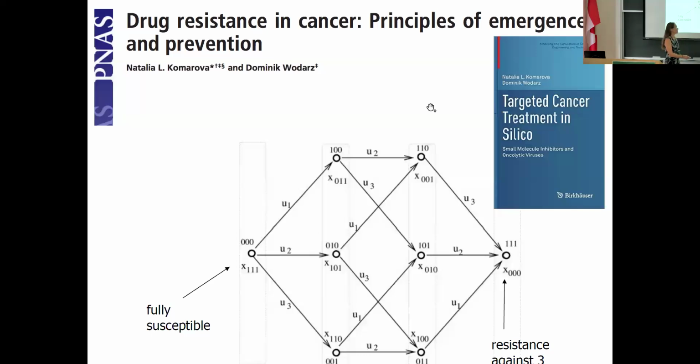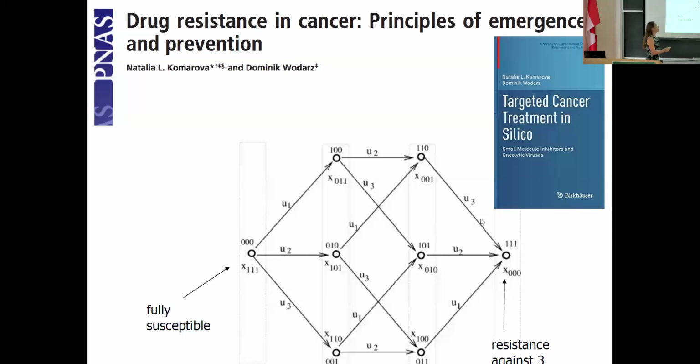And finally, this is a culprit. This one is fully resistant. So if there is a cell like this in the system, it will not die, and the treatment will fail. If it's not there, the treatment will be successful, most likely, right? So if these mutation rates are very small, the likelihood of this happening is very low.